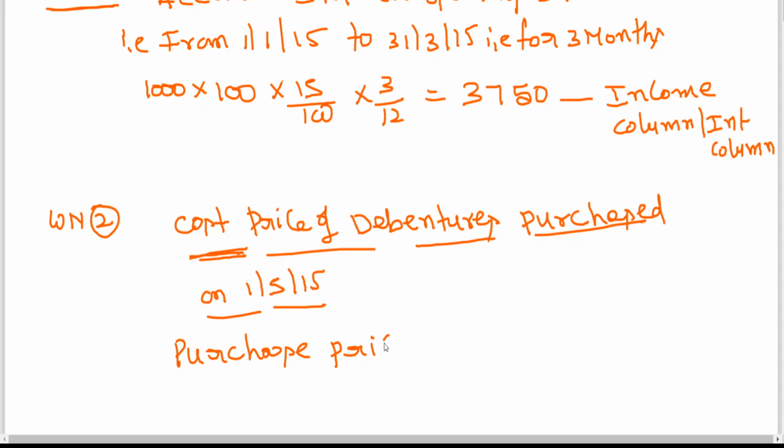Purchase price is nothing but quotation price. Purchase price of 500 debentures is given in the problem, 53,500. From this I shall deduct accrued interest.